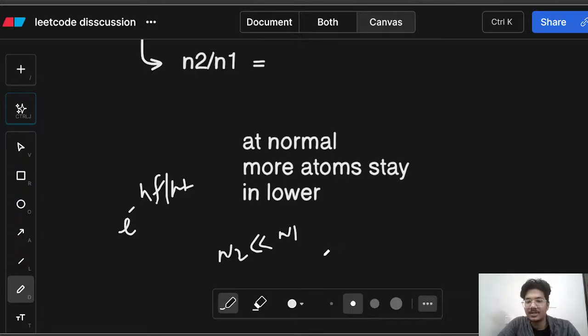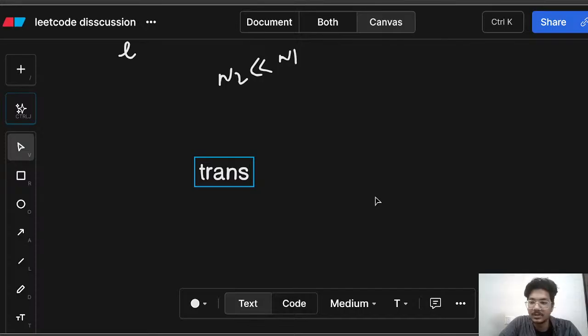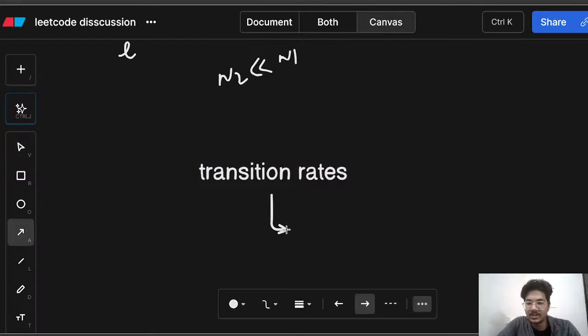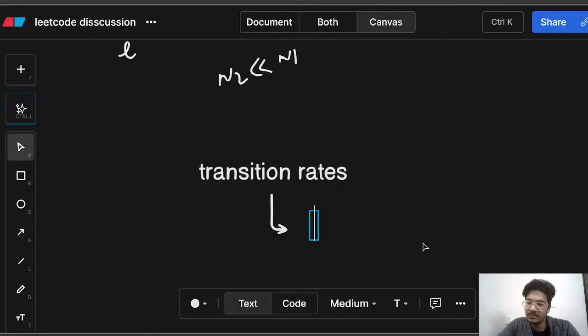After that, we have to understand transition rates. The transition rate is the rate at which atoms jump from one state to another.